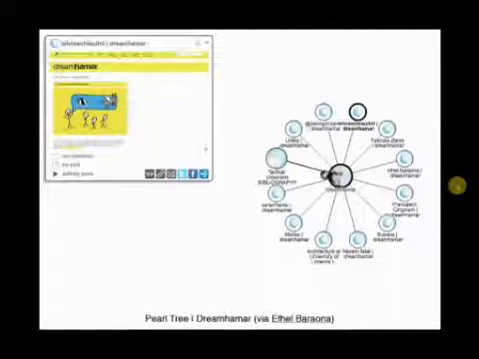Here's the Pearltree from Etel Barahona. She has researched the Dream Amar connection, and we can see all the people of the workshop related, and if we click on that pearls, we can find how the process was going on.